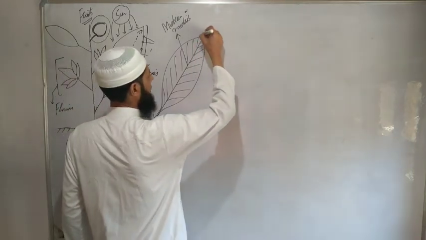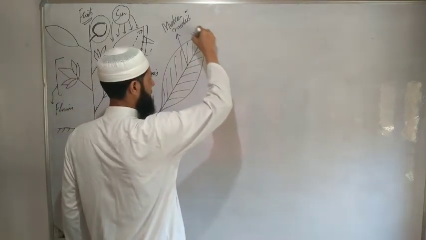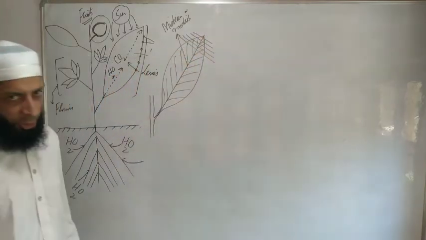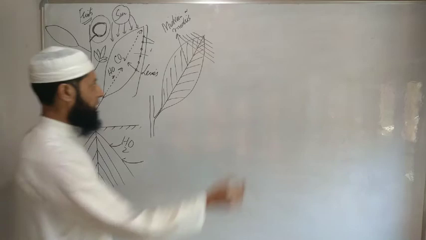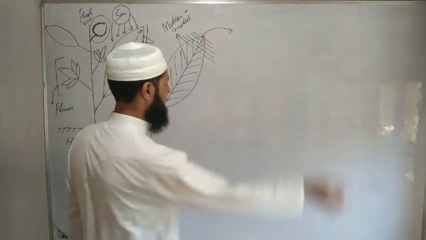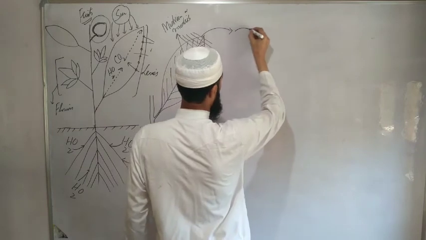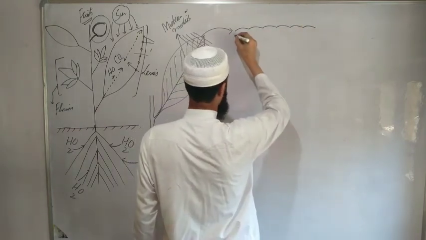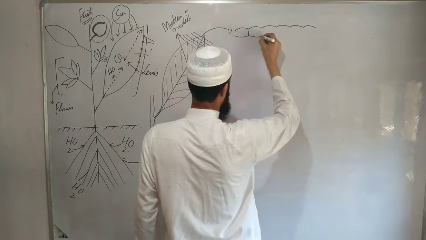Then when we cut the transverse section of the leaf so as to study its anatomy, it can be seen like this. This leaf has an upper surface in the form of upper epidermis.